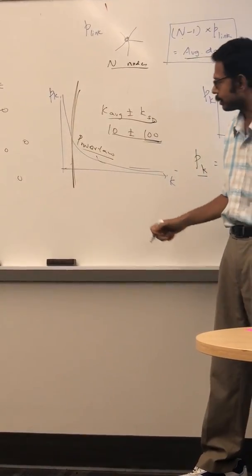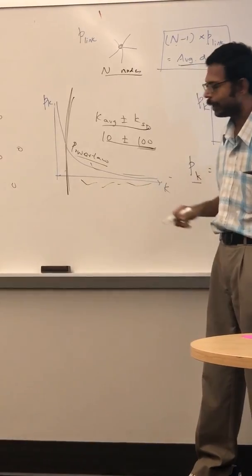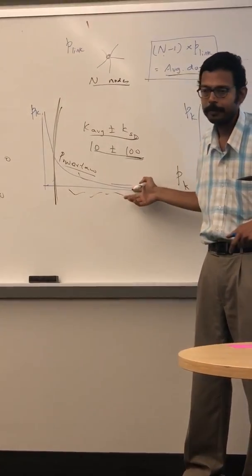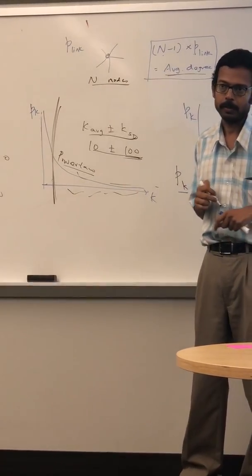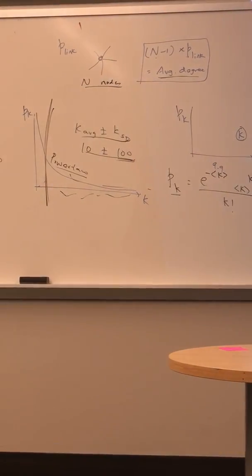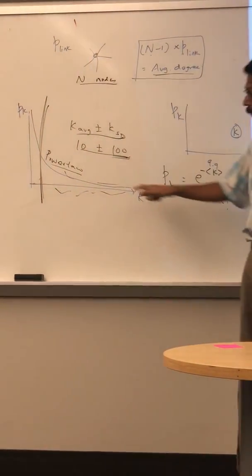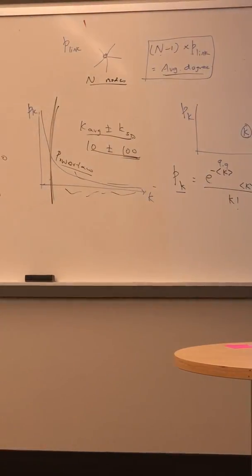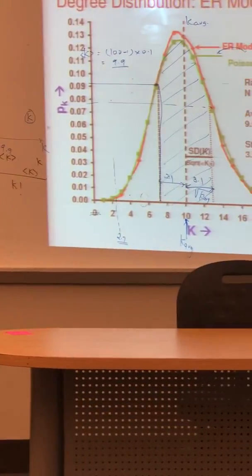Whereas there are a lot of vertices with degree values far away from the average. So that is why these are called scale-free networks. Okay? So remember that. I may not explain this detail again when we see scale-free networks. We'll just build on top of it later. Okay. Any question?